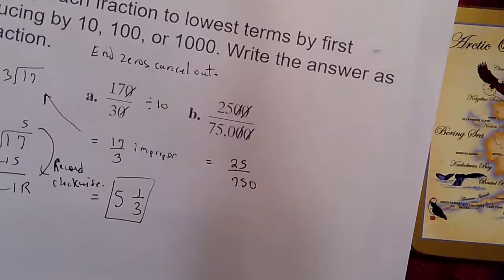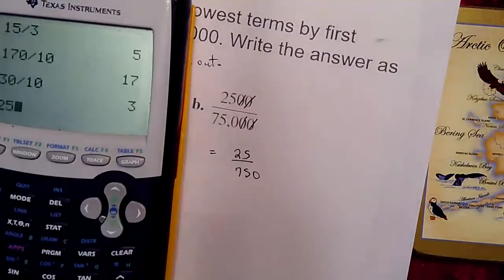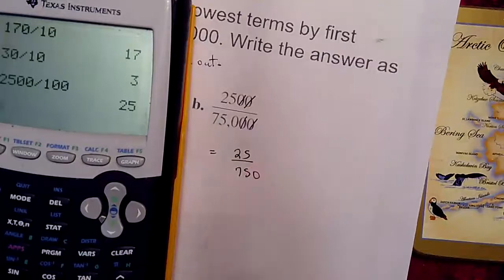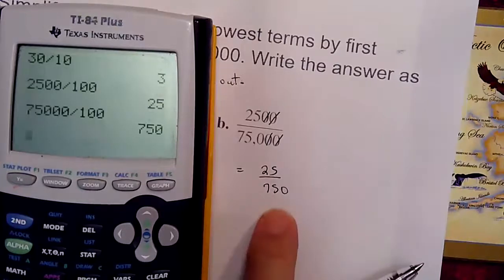So what they've done is when they've crossed out 2 zeros, it's like they've divided by 100. 2,500 divided by 100 gives me 25. 75,000 divided by 100 is 750.